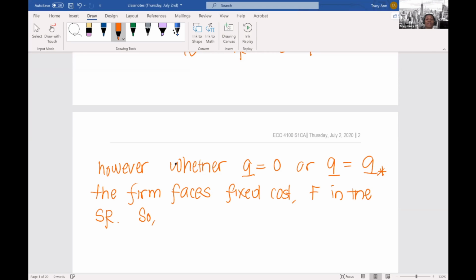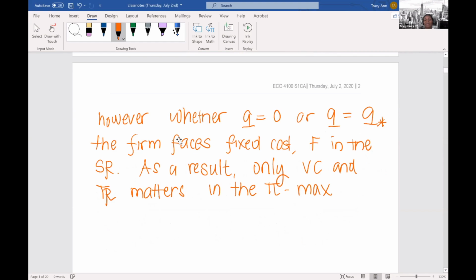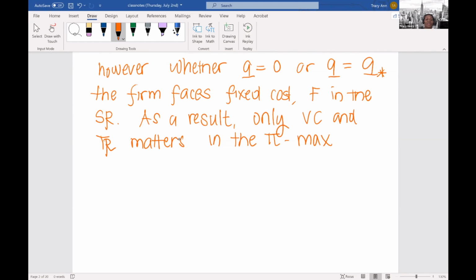As a result, only variable cost and total revenue matter in the profit maximizing decision in the short run.